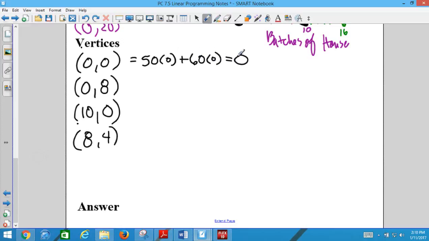So 0, 0 is going to give us 0 profit. If we make 0 batches of each kind, we're not going to make any money, right? That would not be what we want to pick. How about 50 times 0 plus 60 times 8? $480?